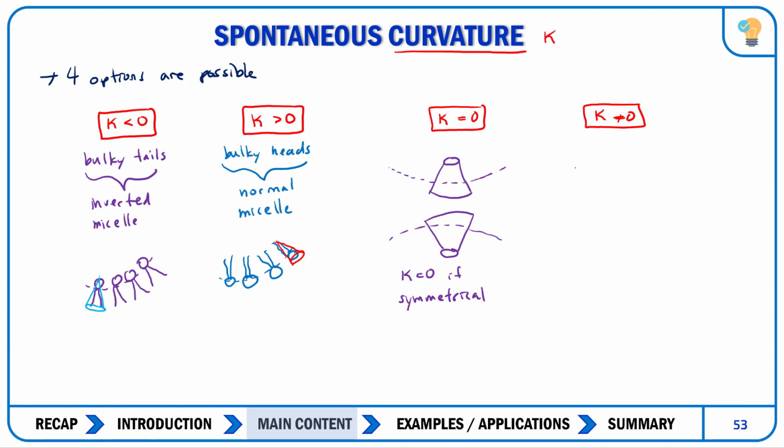Then for values where everything is not symmetrical, you can actually have this from the outer side. You can have a cylindrical shape, and you can have a curved shape here. And in this case, there is no symmetry to cancel things out.